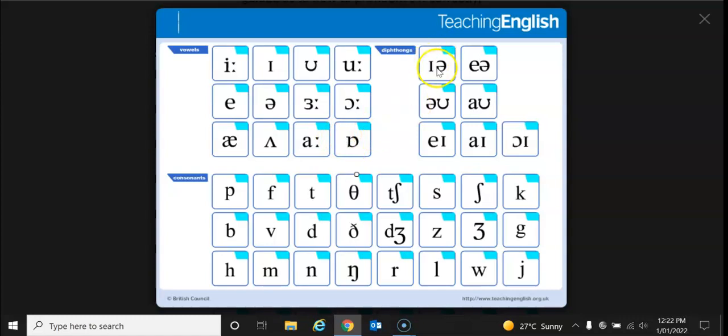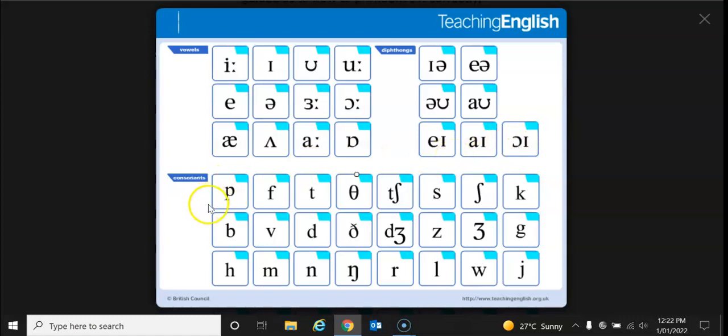And here are the diphthongs. Ia, ia, air, air. O, o. Ow, ow. A, a. I, oi, oi.